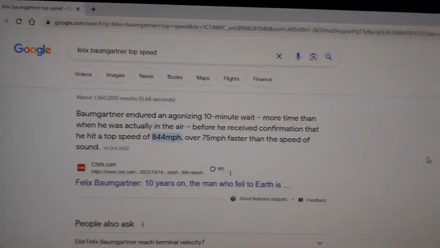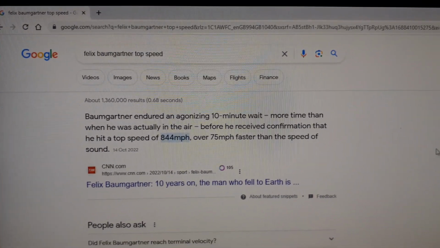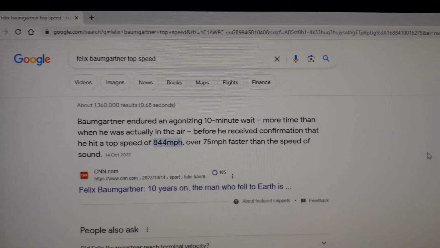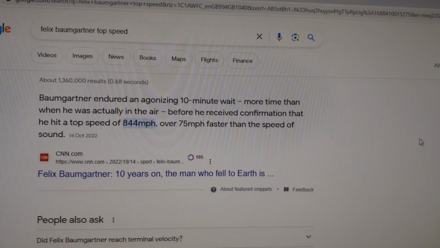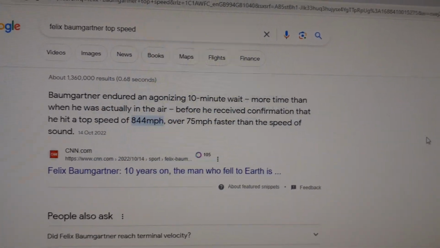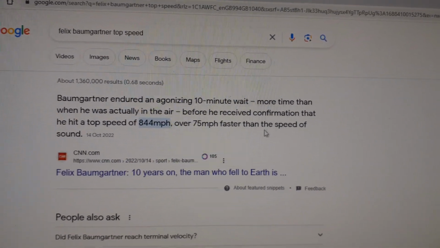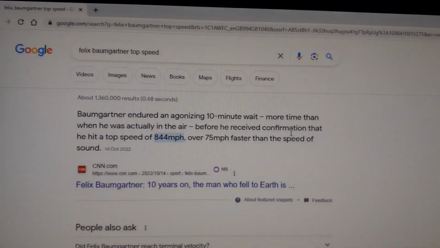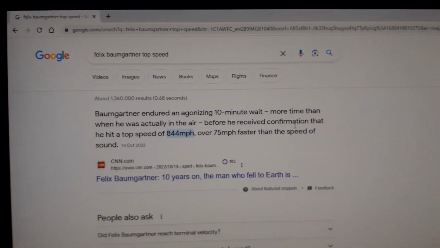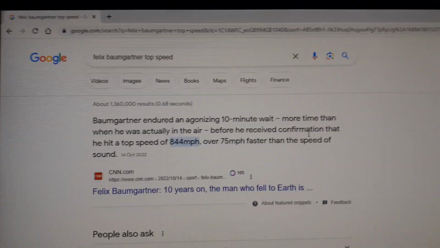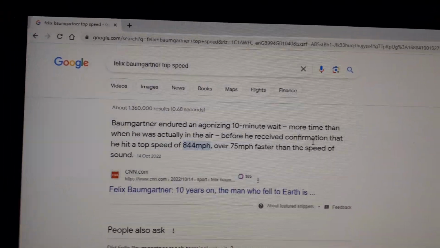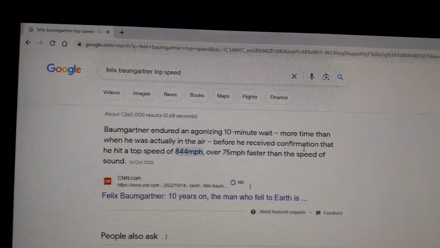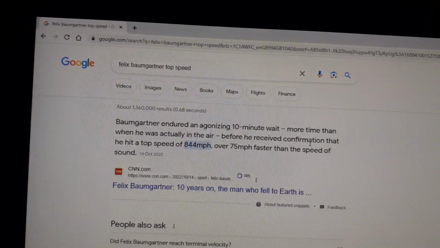And to top that off, we've also got Felix Baumgartner and an agonizing 10-minute wait. Hang on, more time than when he was actually in the air before he received confirmation that he hit a top speed of 844 miles per hour, which is over 75 miles per hour faster than the speed of sound.